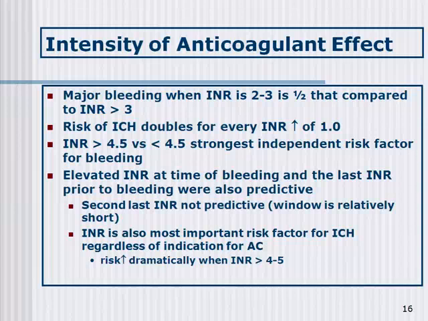The current INR and the one that's done previously were predictive of bleeding. The interesting thing is that the third INR removed from the current situation was not predictive. So this suggests that the window for the relationship between INR and bleeding is relatively short.